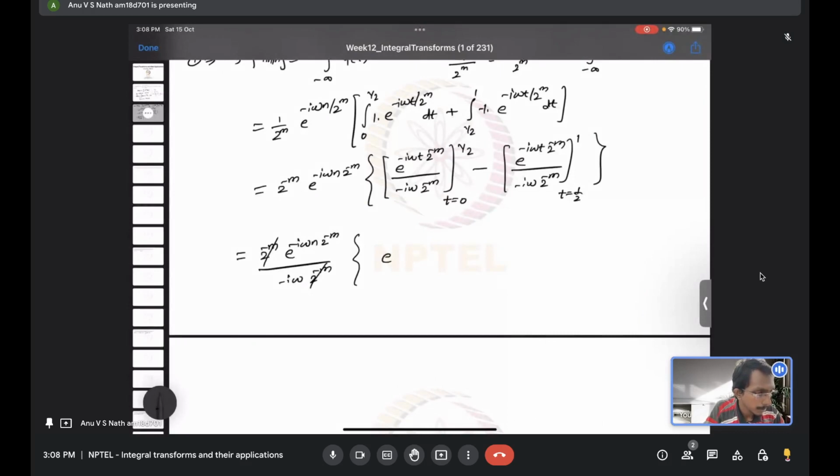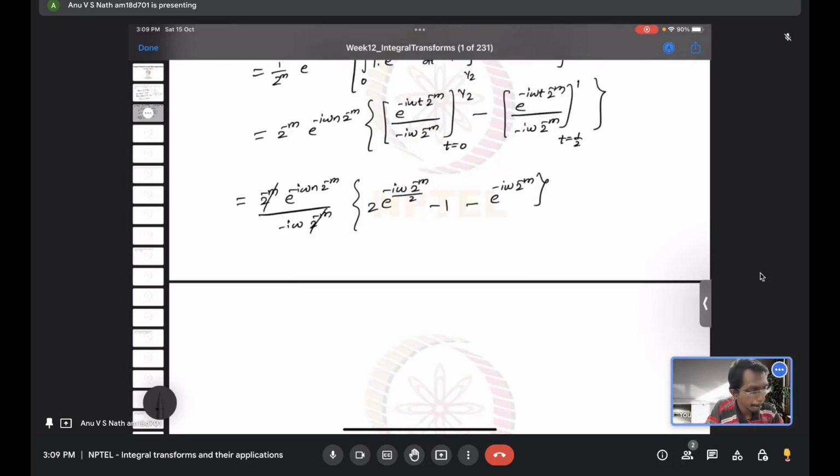The remaining we will apply the limits: e raised to minus i omega 2 raised to minus m by 2 minus 1, and minus e raised to minus i omega 2 raised to minus m plus e raised to minus i omega 2 raised to minus m by 2. So this last term is actually identical to the first term, so they will add together, become 2 times.